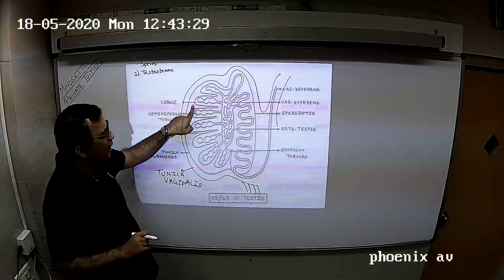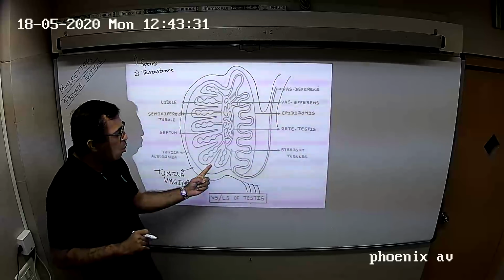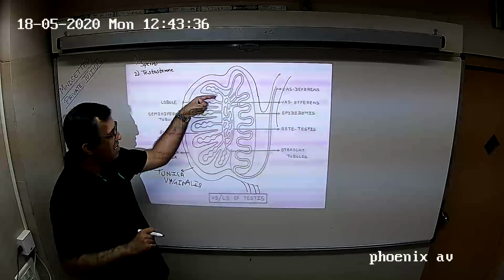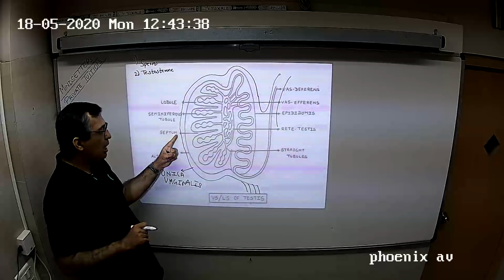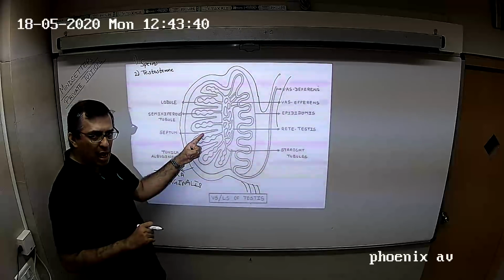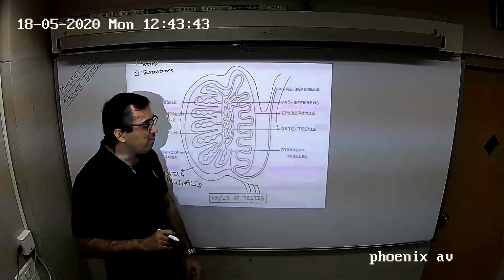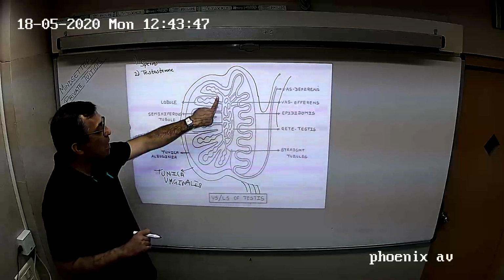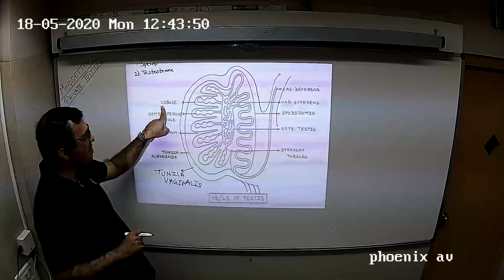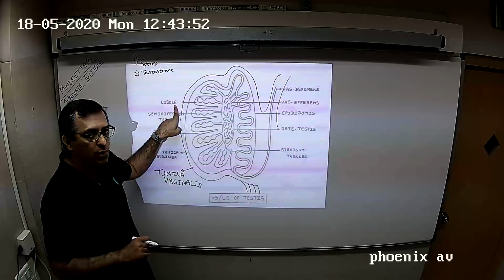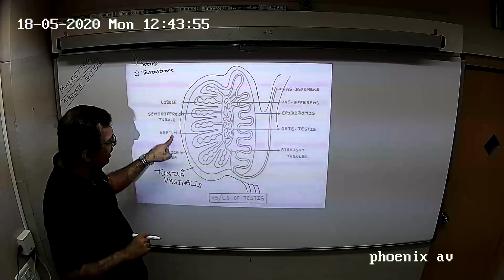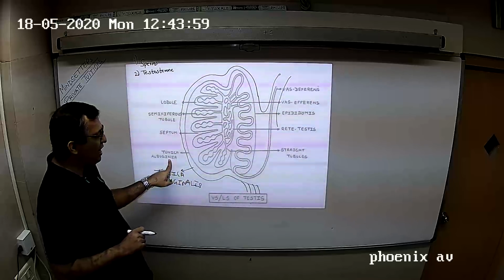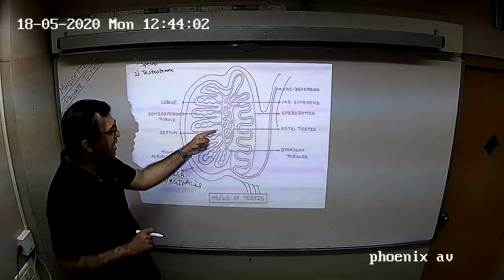And from the tunica albuginea go in finger-like projections which are called septa. Septum or septa. Septa divide the interior of the testis into compartments which are called lobules. So here we have tunica vaginalis, here we have tunica albuginea, and then we have septa.